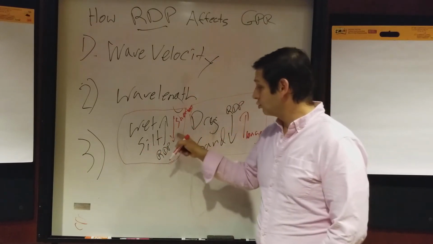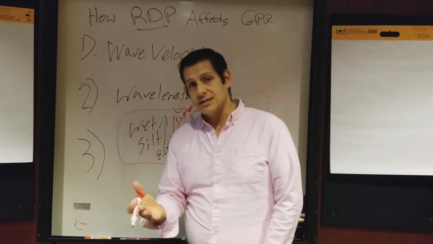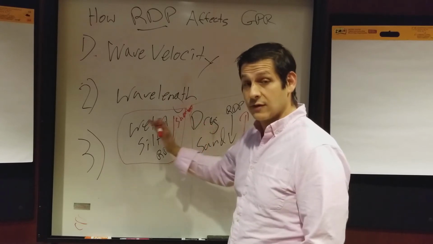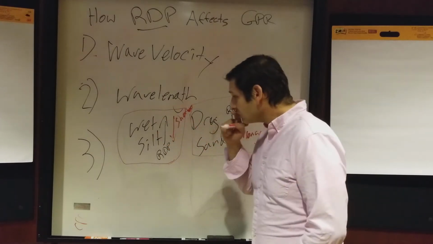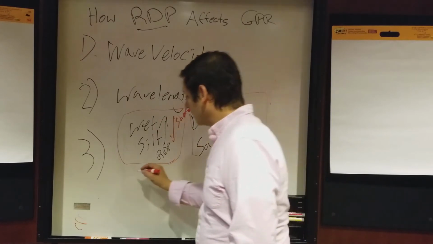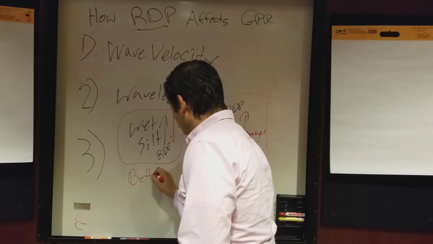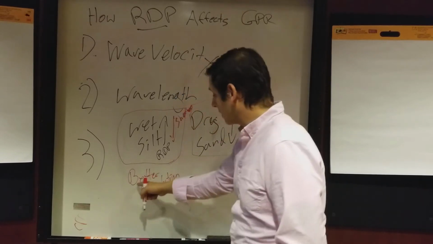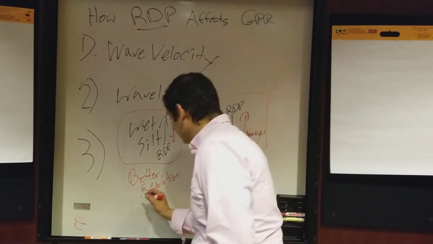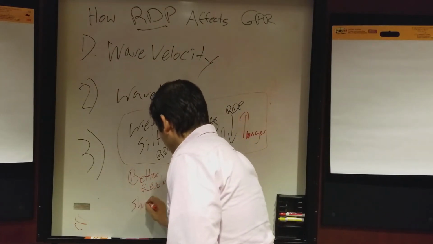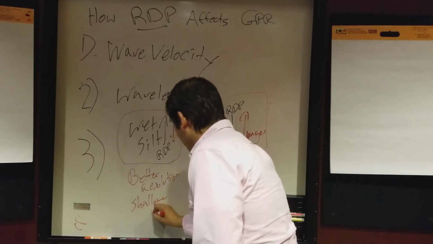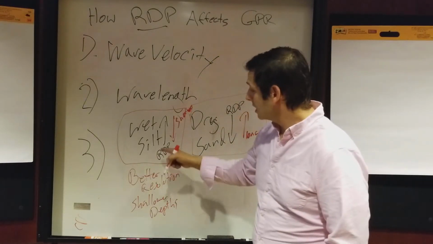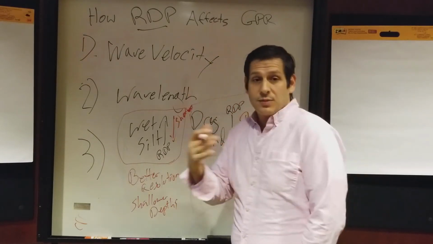Longer wavelengths, shorter wavelengths. There's a couple implications for this. Again, same antenna, two different situations. In this circumstance, you're going to have better resolution, but you're going to have shallower depths, because your full depth is going to be limited by your wavelength.